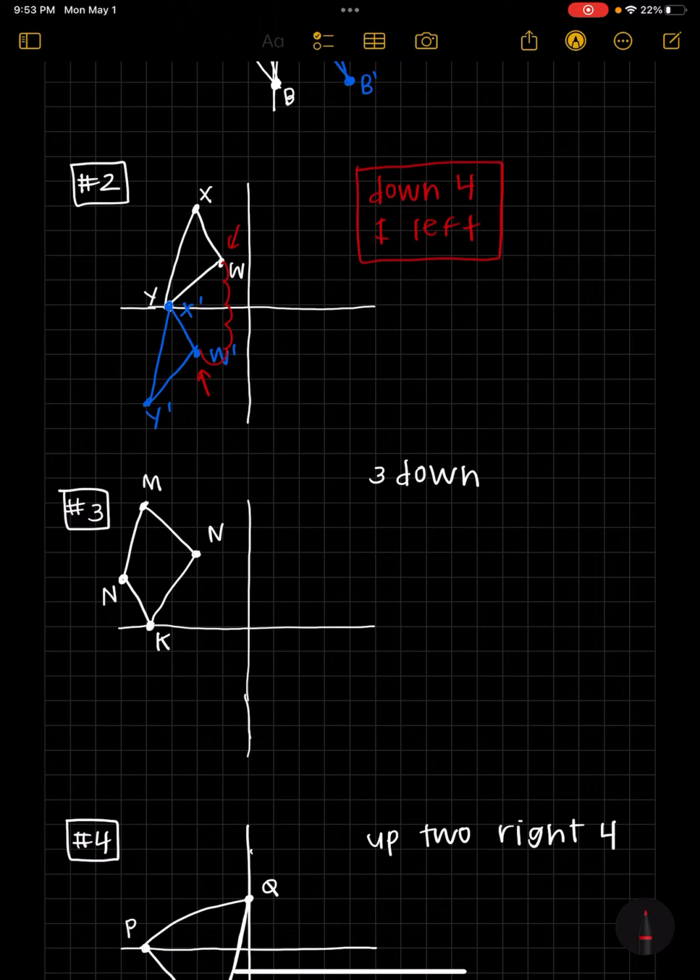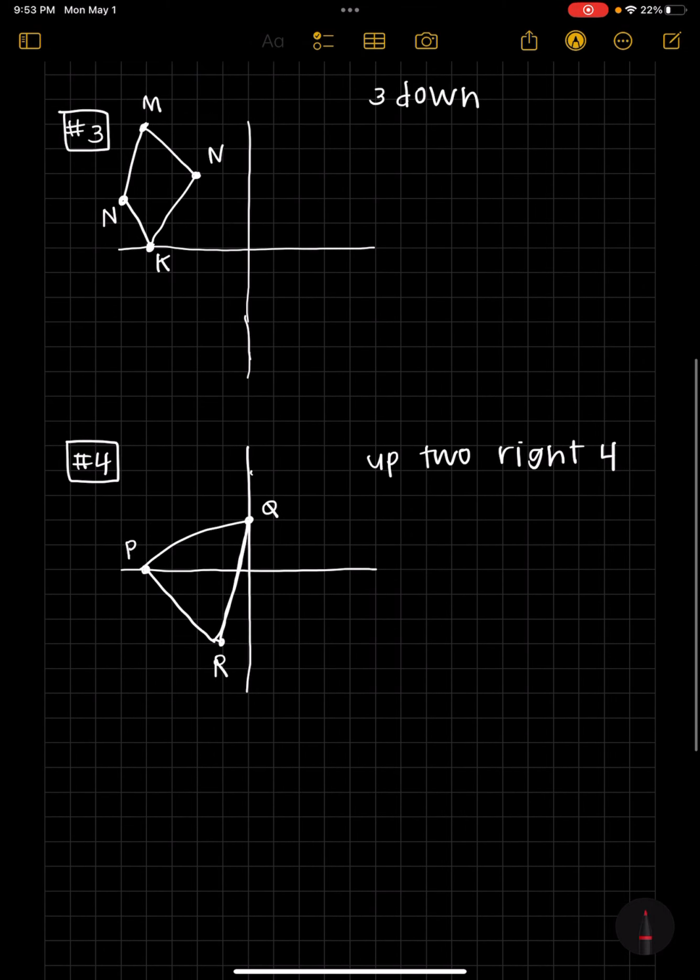All right, let's look at the third example. Instead of giving you 2 shapes, they only give you 1 shape, and we're asked to draw the second shape based on the information. So now we want to translate this shape, this M, N, and K. This should be an L, sorry. We want to translate it down 3.